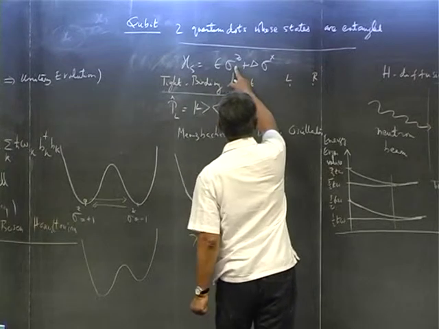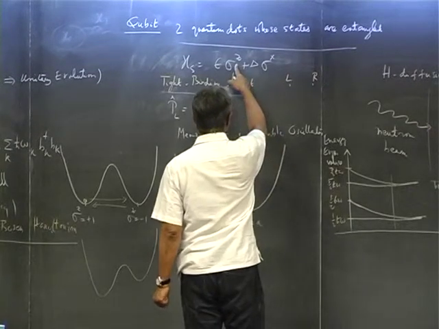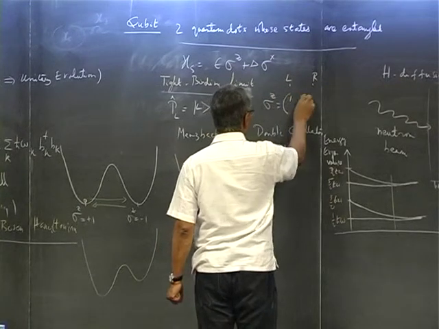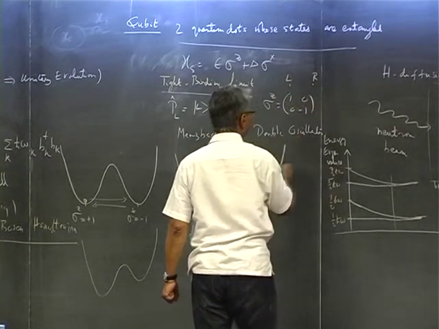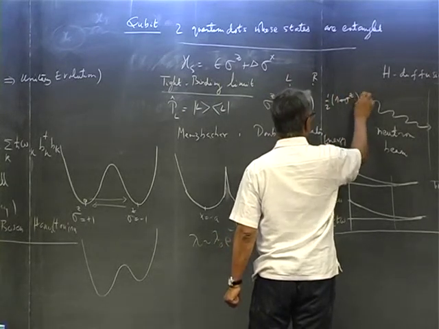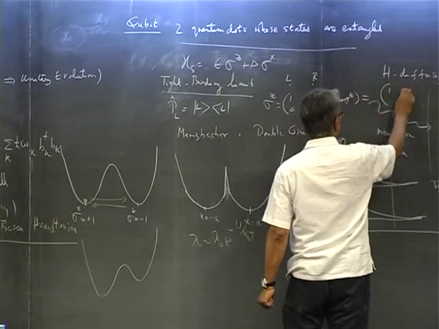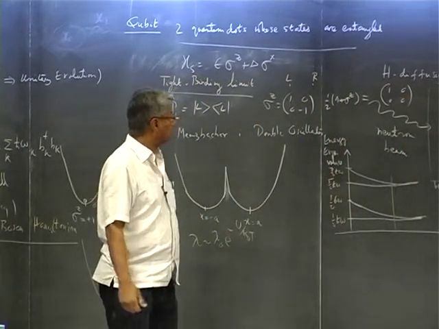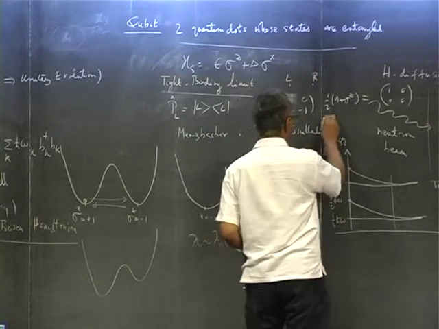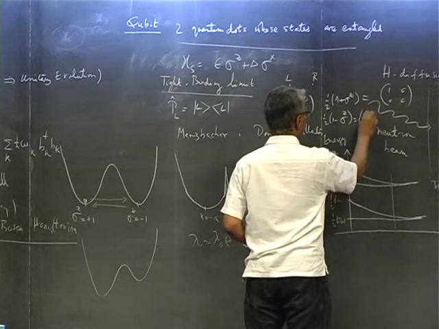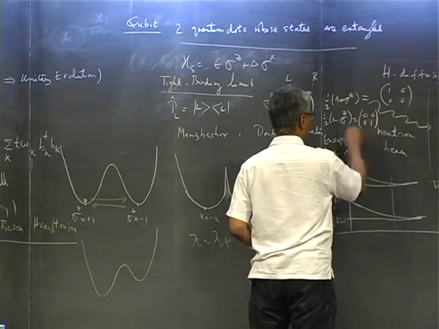So how do I construct that from sigma z? Remember, sigma z is a Pauli spin, so it has this structure. Now if I construct half times 1 plus sigma z, that is formed like that. And similarly, half times 1 minus sigma z will be 0, 0, 0, 1.